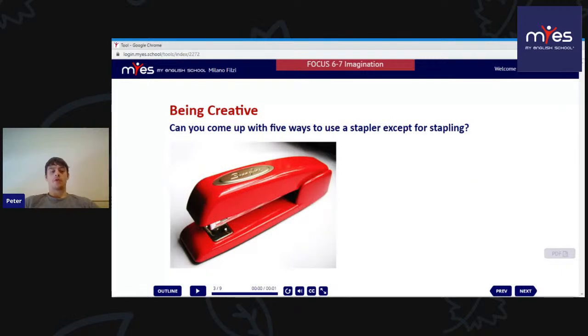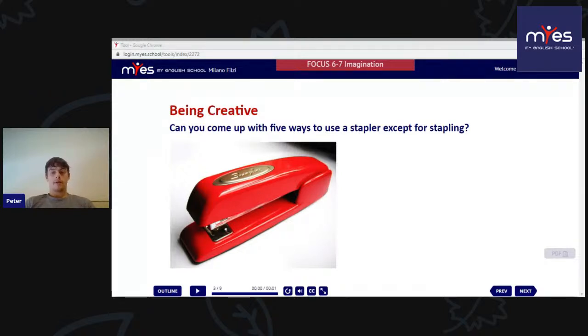Well, being creative. Can you come up with 5 different ways to use a stapler except for stapling? So at home, can you, in the comments, write 5 different ways to use a stapler?